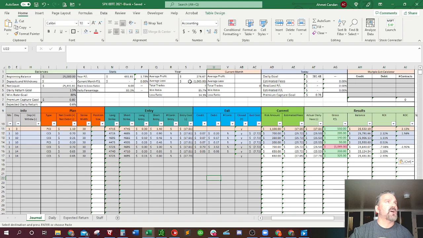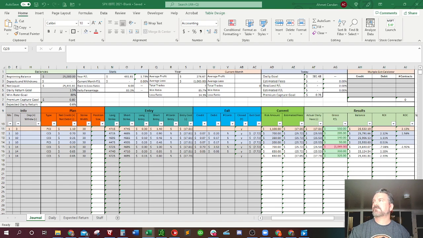So our average loss is 1065, and our average profit is 276. That's awful. That's horrible. But again, I've only picked a few trades. So let's do it for the actual entire month of February, so we can see some real numbers. Yeah, okay, let's do that.